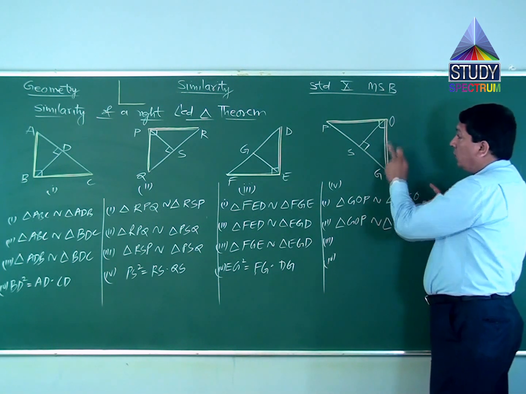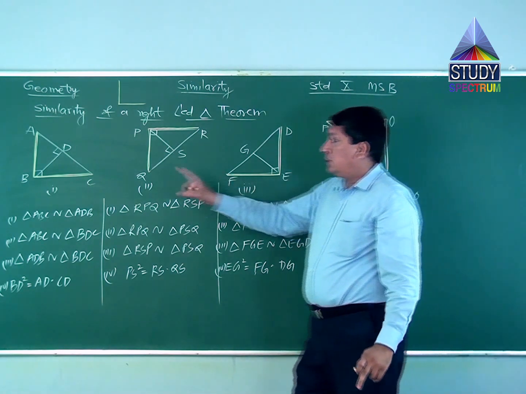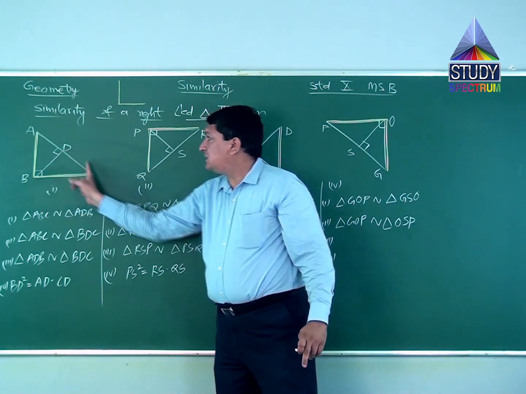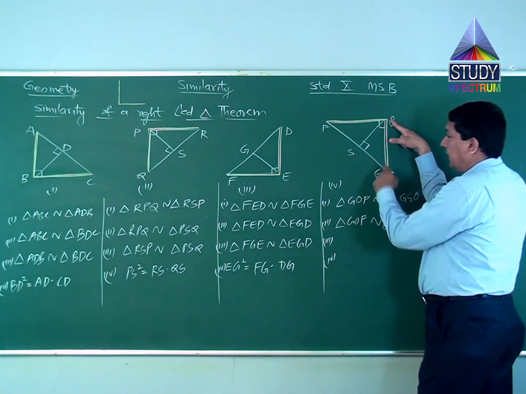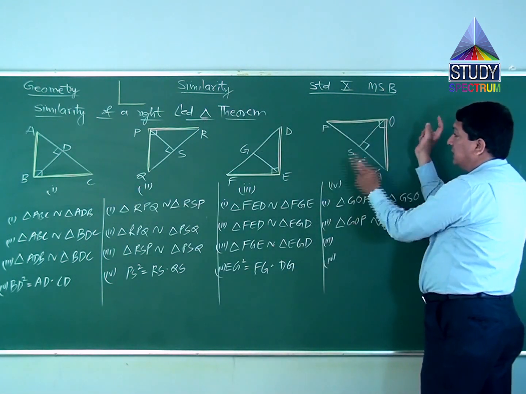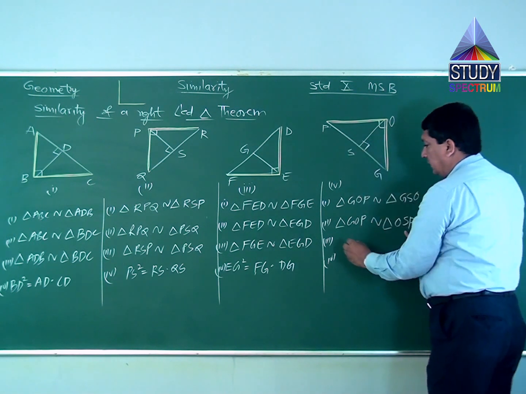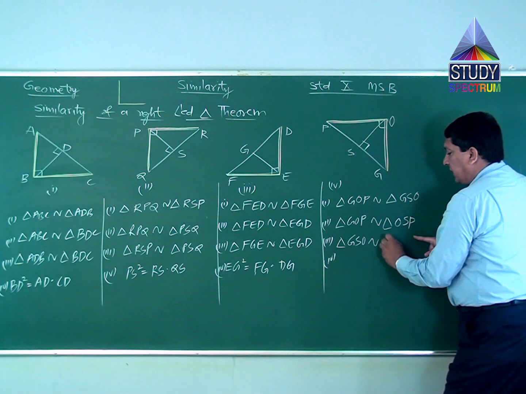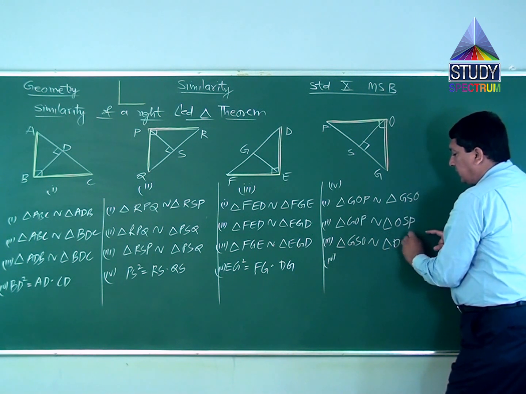I hope you are getting it. Vertex right angle, from there we are starting. BDC. Vertex right angle, L shape will be converted. Once it is L shape, OSP. Triangle GSO is similar to triangle OSP.